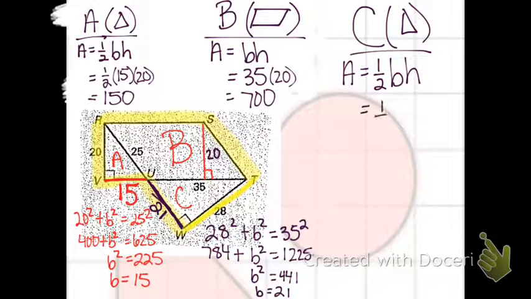So when we substitute in our base 21, our height 28, again, multiply these in any order you would like. But no matter how you do it, you should be getting an area of 294 units squared.